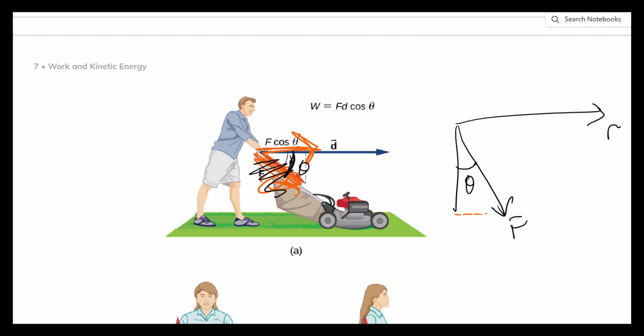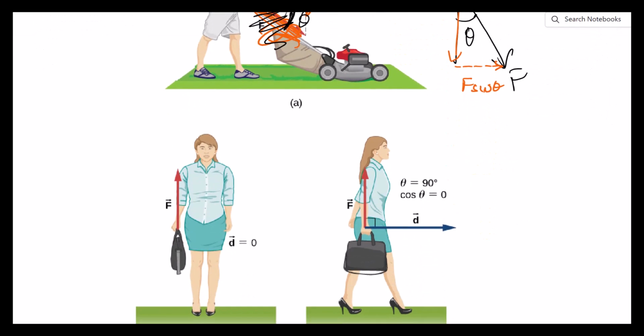Because F sine theta is the component that's in the same direction as r. So don't just memorize formulas, because they're not always going to work. It really depends on how things are drawn in the picture. For the purposes of this book, maybe you'll always be fine, but I would always be careful.